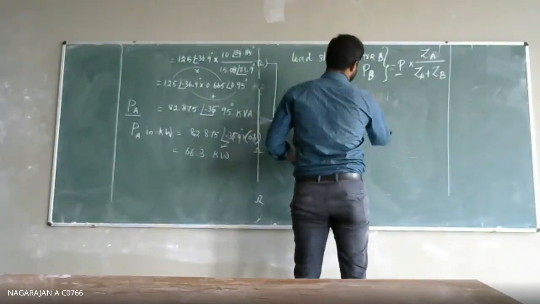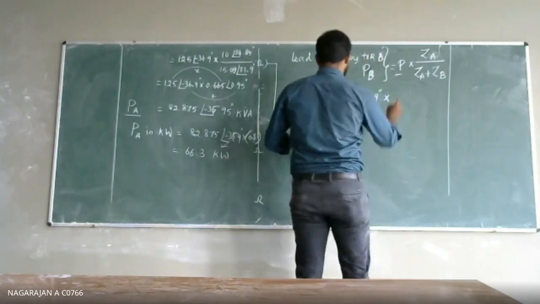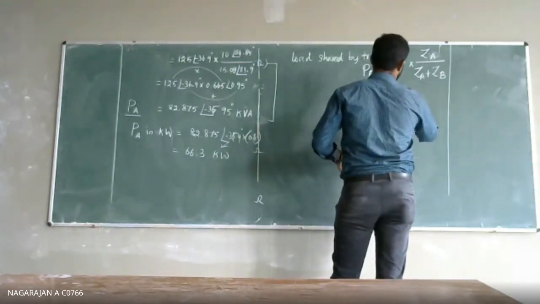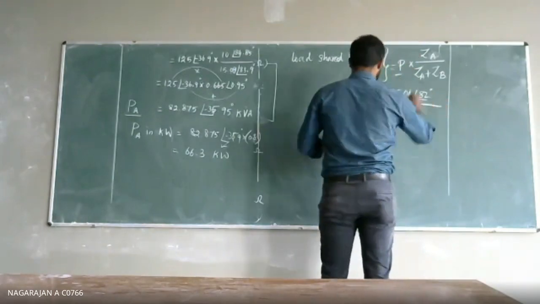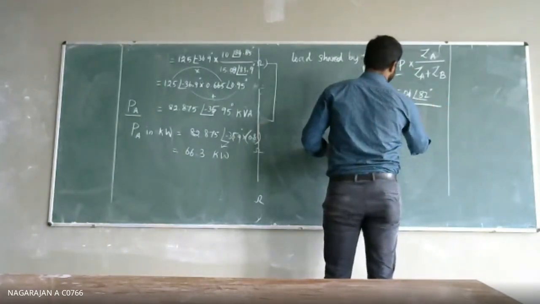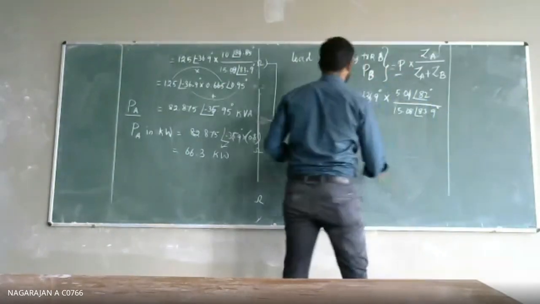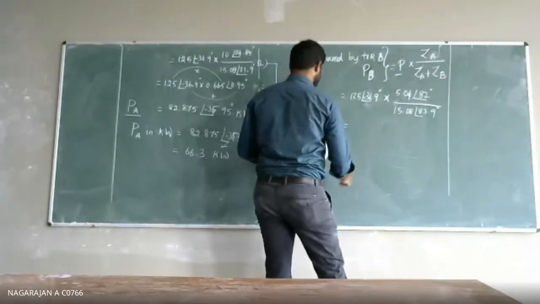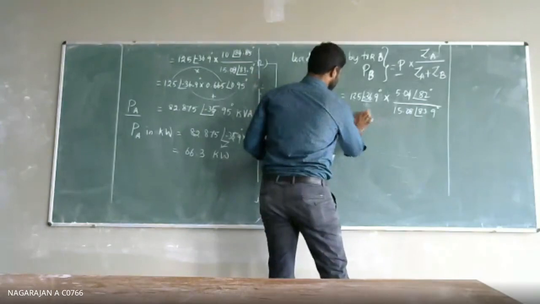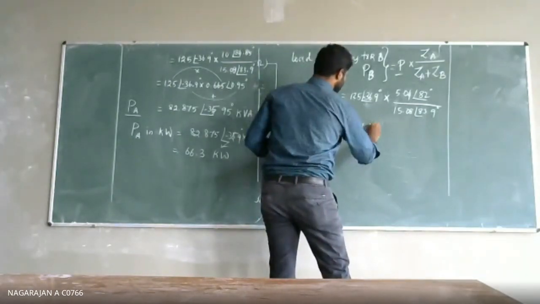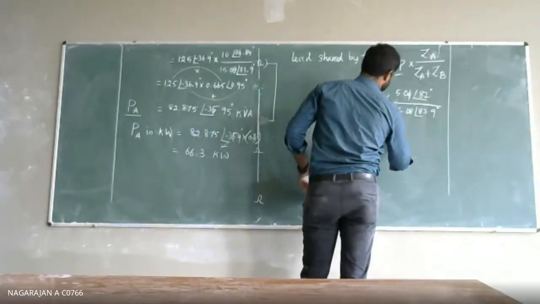125 with an angle 36.9 degrees minus into ZA value, which is 0.04 with an angle 82 degrees, divided by total impedance 15.08 with an angle 83.9 degrees. After solving all this, you'll be getting 41.75 with an angle minus 38.8 degrees.